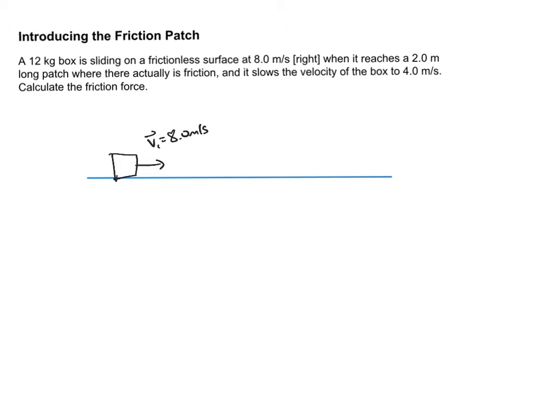But eventually it's going to run into this patch of the frictionless surface that actually has friction on it, and it's 2 meters long, which is going to be the displacement we're going to use for our formula.